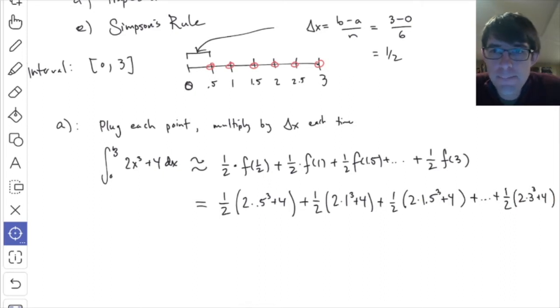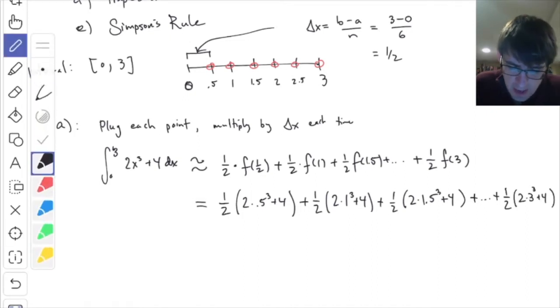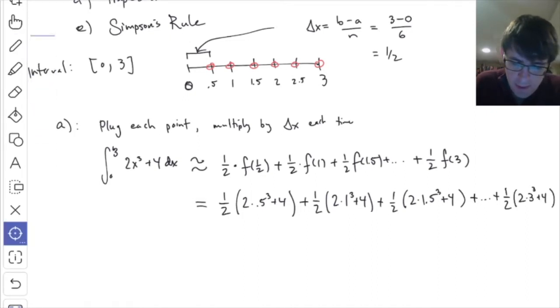Do you have to put the 1/2 in front of everything? Like, can't you just put it on the outside? Yeah. So I think I did this in the video actually. You can also write this. It's maybe a little simpler if you just factor the 1/2 out. At this step here, I have many things added together, and every one of them has a 1/2 in front.